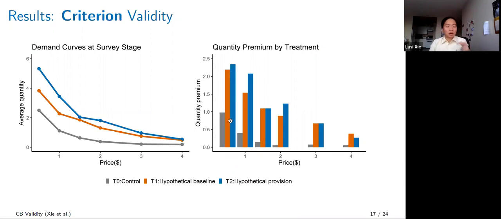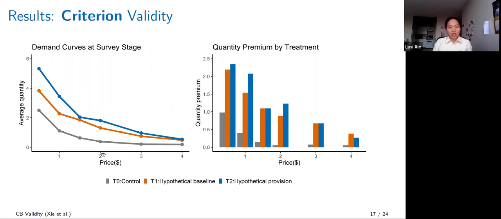And to compare the two treatments to see the framing impacts, we test the equivalence of dots on the blue lines and red lines, also the dots on the blue bars or red bars.